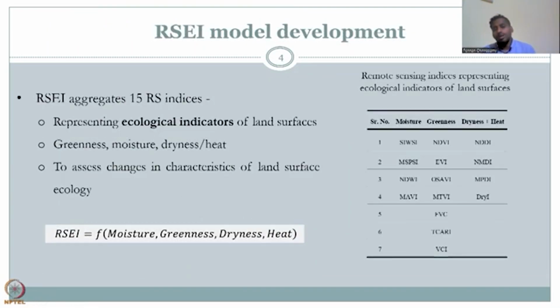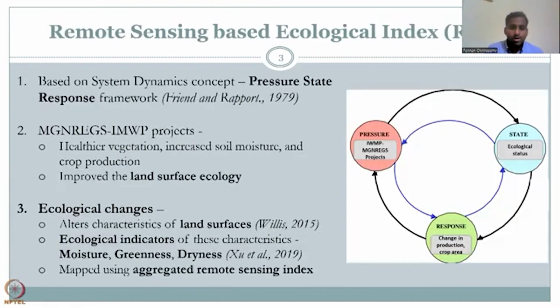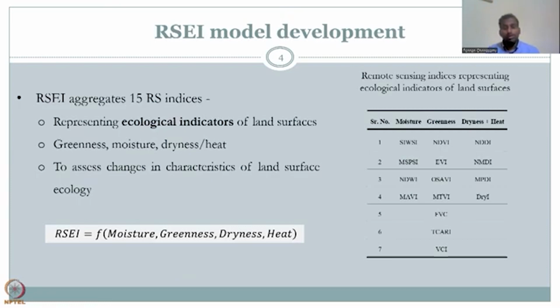So let's discuss how the RSEI model was developed. RSEI stands for Remote Sensing Based Ecological Index. Remote sensing is the key, and the ecological index is done for a rural setting. That's where the rural part comes back into the picture. RSEI aggregates 15 remote sensing indices.